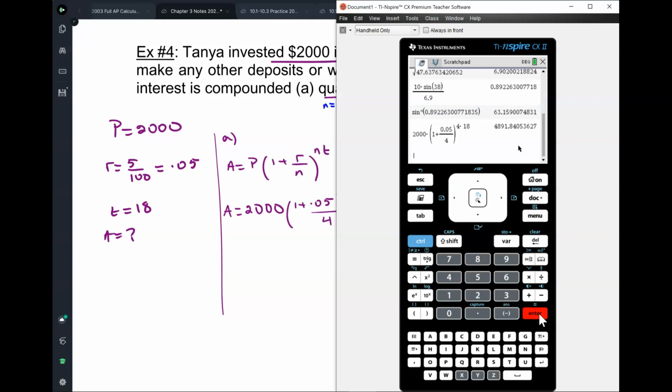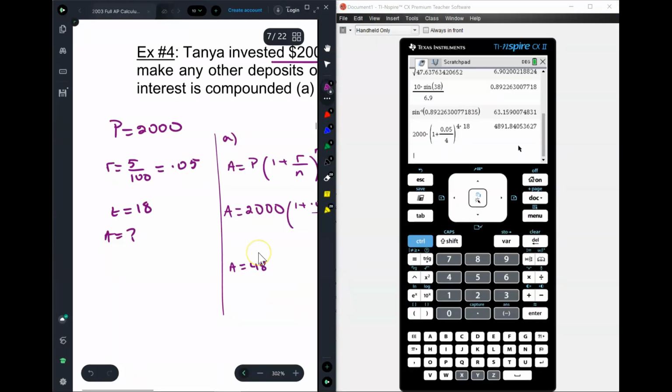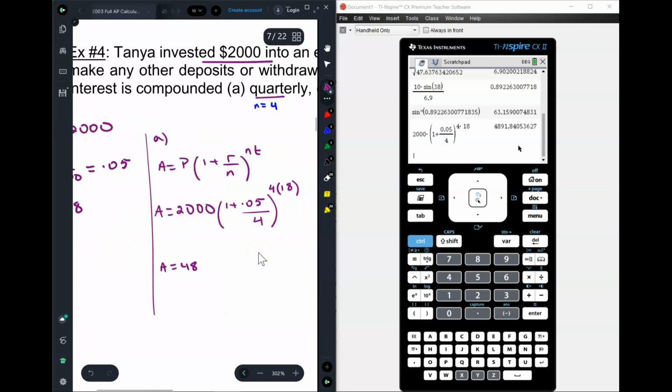And that should give you $4,891.84. So let's make sure that all of these numbers are exactly as we wrote them here.